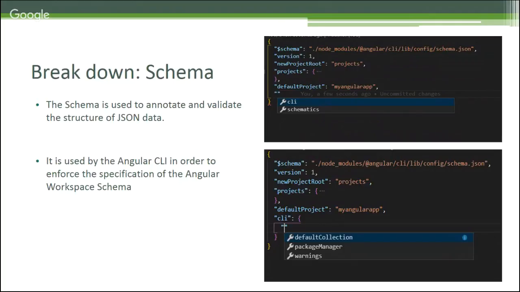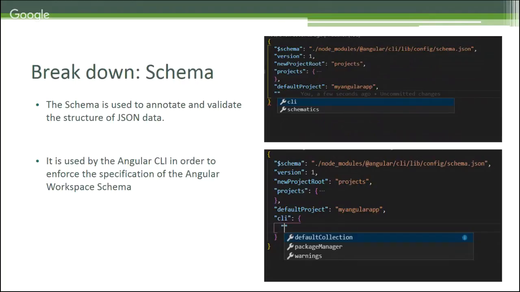I think I explained this previously, but when you put, in your code editor or IDE, whatever you choose to use, I use VS Code, right? When you put a question mark or two quotes in the Angular.json file, it gives you options.